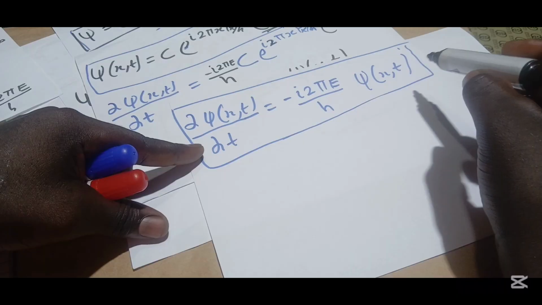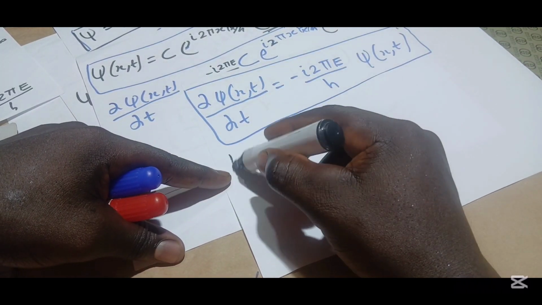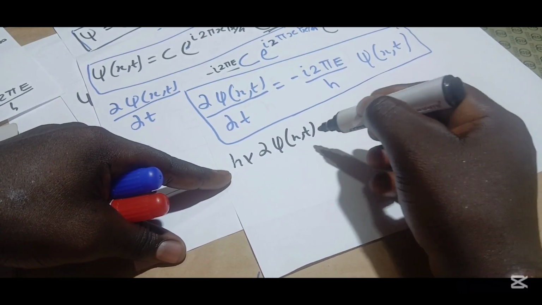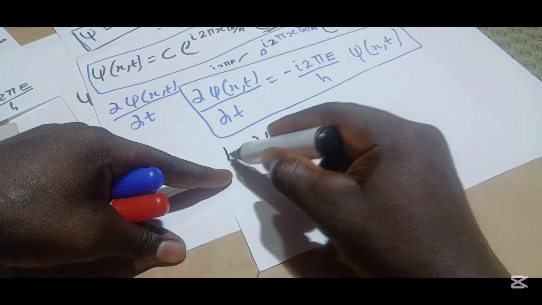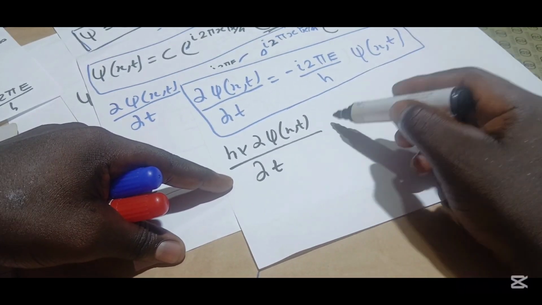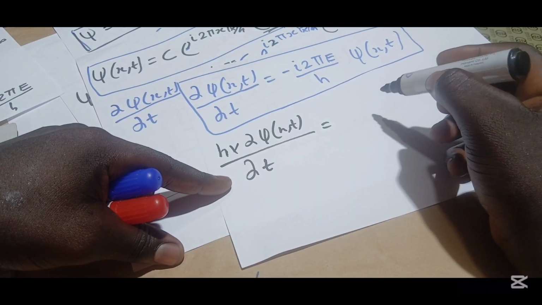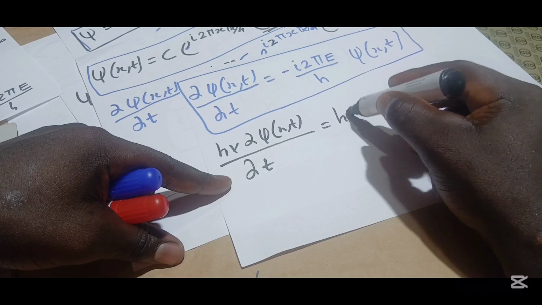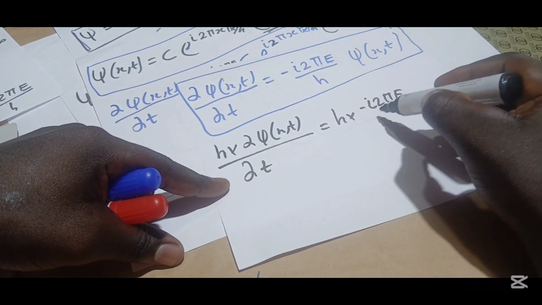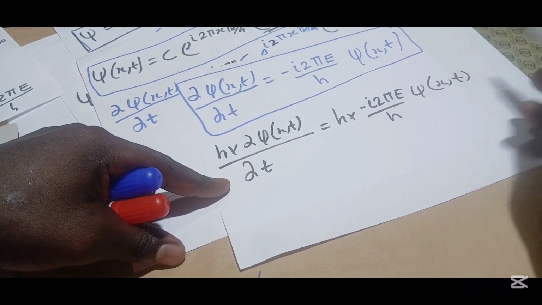So initially we can multiply by h. If we multiply through by h, let's say h multiplied by d over dt, we are going to get something like h multiplied by minus I 2 pi e right there, all on h, and the wave function x t.